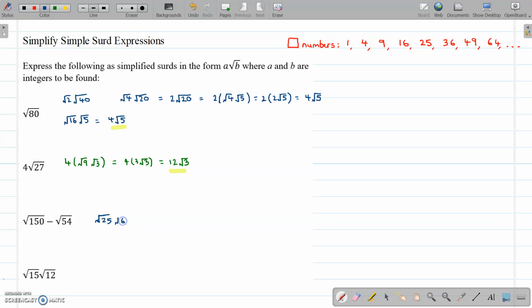That's the root 150. Then I've got to take away root 54, which comes from 6 nines of 54, so that comes from root 9 times root 6.